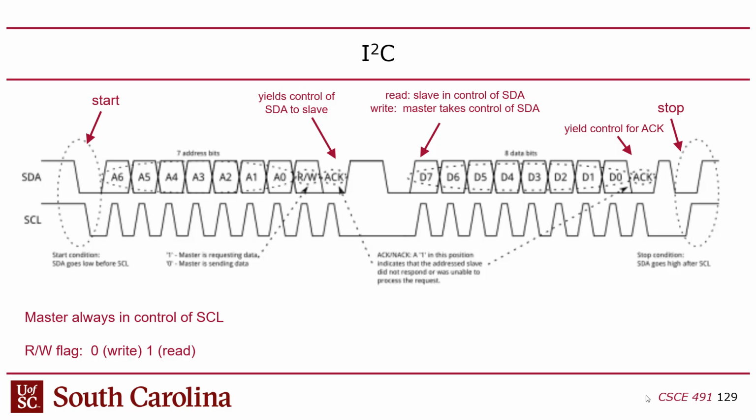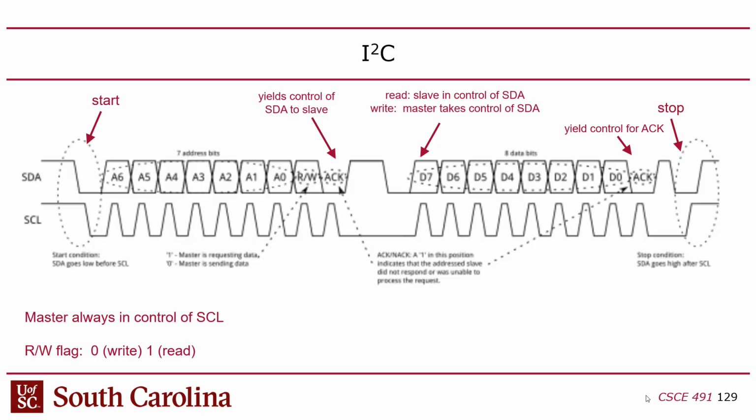Remember with SPI, I spent a lot of time talking about the edge of the clock. So CPOL and CPHA were designed to indicate what edge of the clock to sample the data on. Because the whole premise of SPI was that we wanted a synchronous bus, but we wanted to make sure that there were no errors caused by changing the data at the edge of the clock at the same time, right?